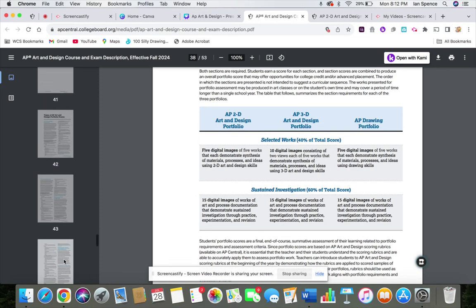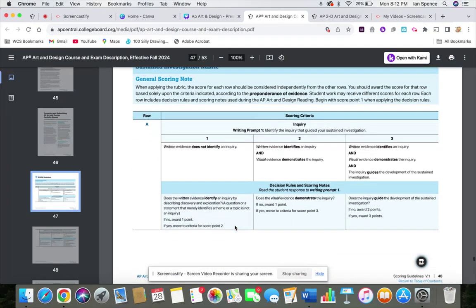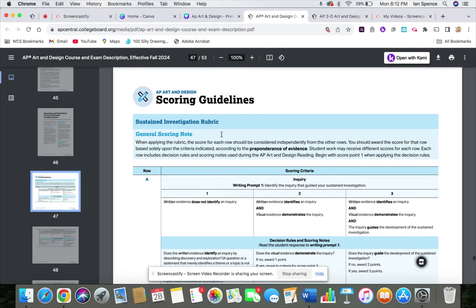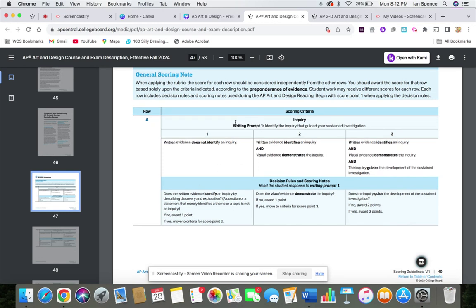Okay, so let me scroll through here, and here is the rubric. The Sustained Investigation rubric looks a little bit different than the selected works, in that it's scored by rows. Row A is really grading the writing prompt and whether it correlates with the artwork. For writing prompt 1, did the student identify the inquiry that guided the sustained investigation?